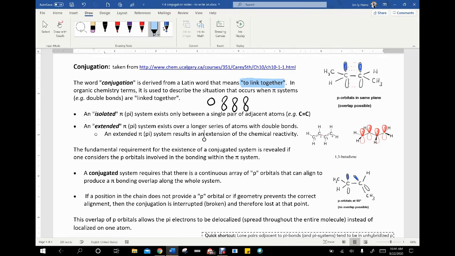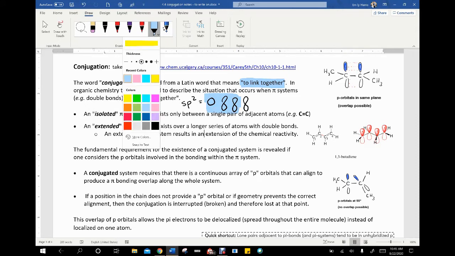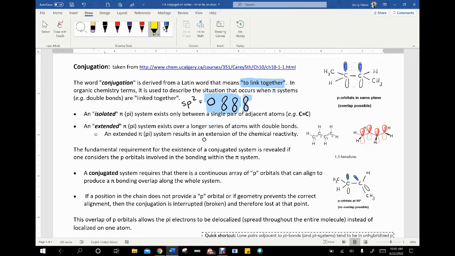What that means is you're mixing one s orbital and two p orbitals in order to generate three new hybrid orbitals. But the catch is, what that leaves is one unhybridized p orbital that can then be used to create a pi system. So it's the unhybridized p orbitals that we're really interested in, okay?